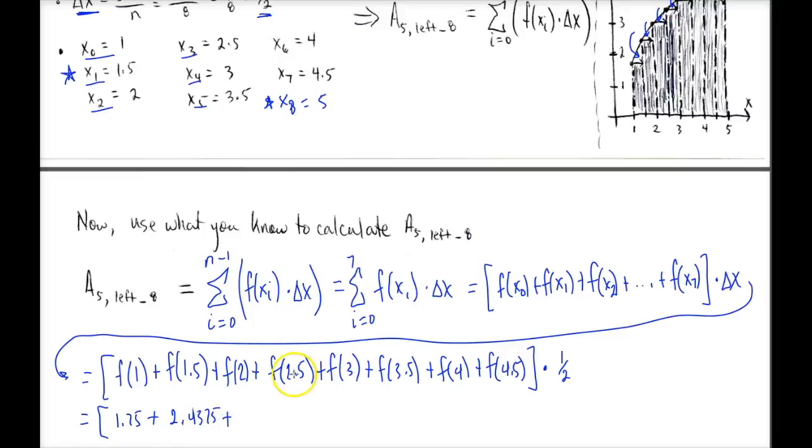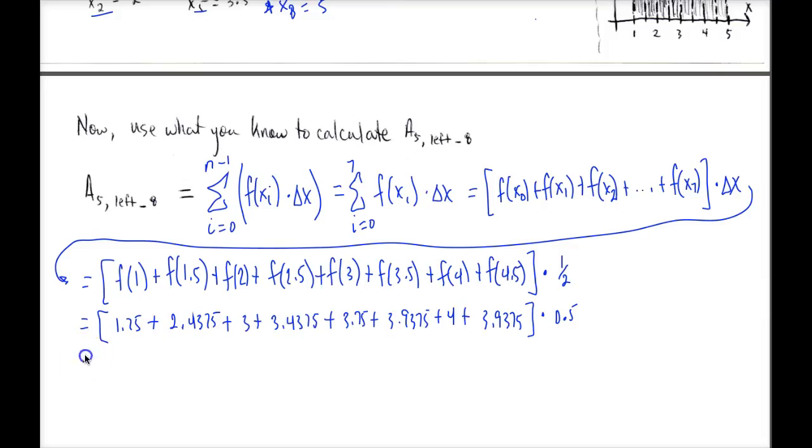And f of 2 will just be 3. f of 2.5 will be 3.4375. f of 3 will be 3.75 again. f of 3.5 will be 3.9375. f of 4 will just be 4. And f of 4.5 will be 3.9375 again. And we multiply that times 1/2, which I'll write in decimal form as 0.5.